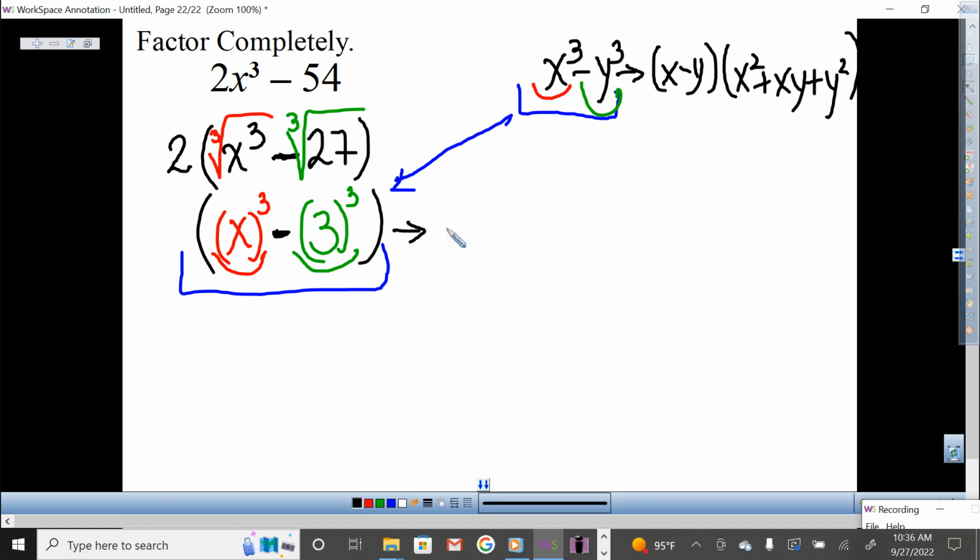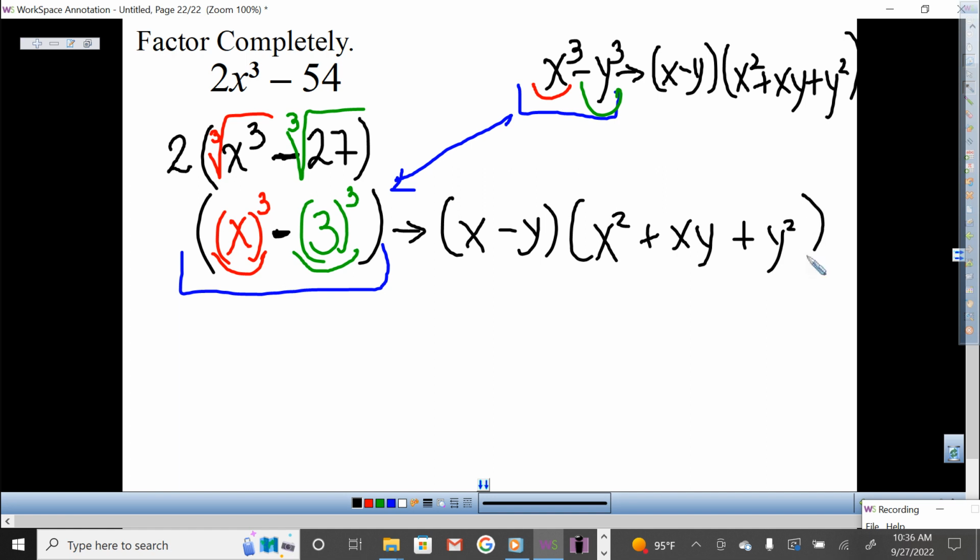My factors are x minus y, x squared plus xy plus y squared. This is x, x, x. And instead of y, I'm going to use what? 3, 3, 3.